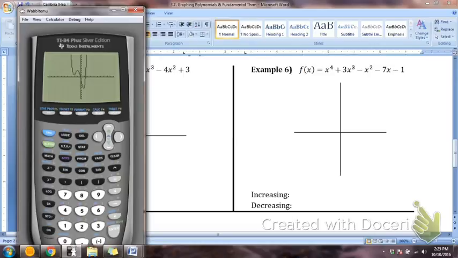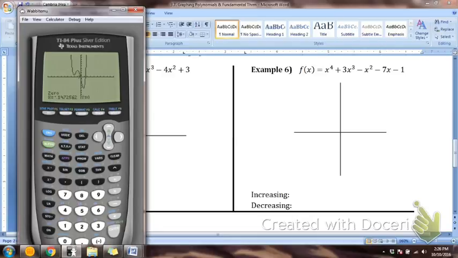So remember, we go to second calc, option number 2. The first place it's crossing is right there in the middle, so we're going to go above it, hit enter, go below it, hit enter, then we're going to guess.